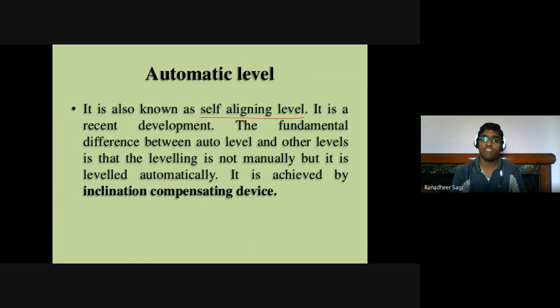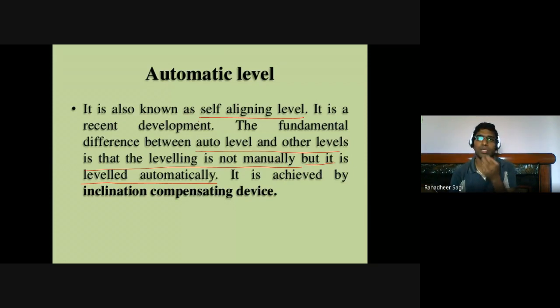The fundamental difference between auto level and other levels is that the leveling is not manually done, but it is leveled automatically. So the leveling of that particular instrument you are not trying to do with the help of your foot screws. Automatically the leveling is going to be done because of some compensating device which you are going to have in that telescope.